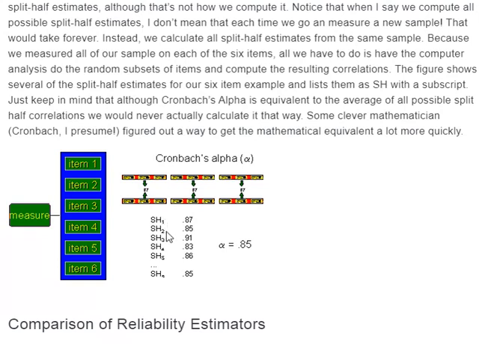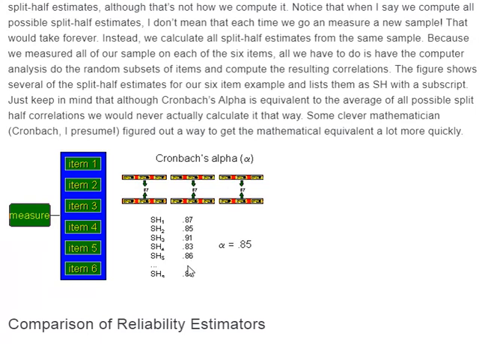As such, there are different splits of items, for example 3 items against 3 items, each giving different alphas, different reliabilities, and estimated reliability.